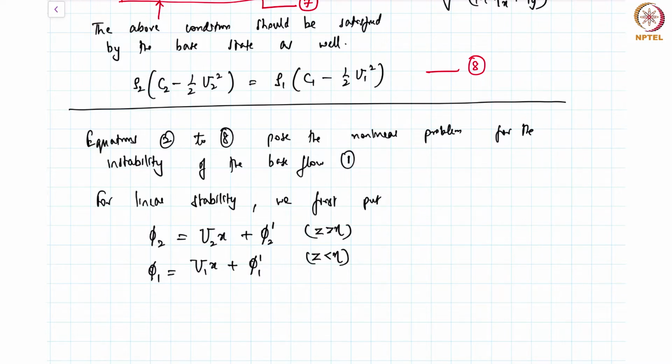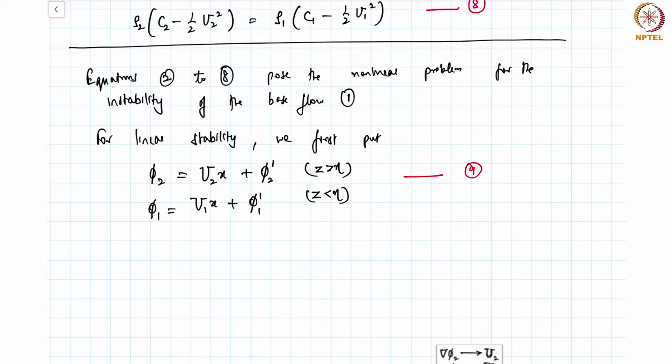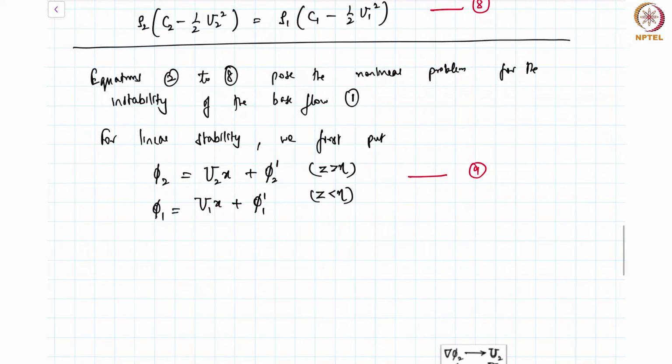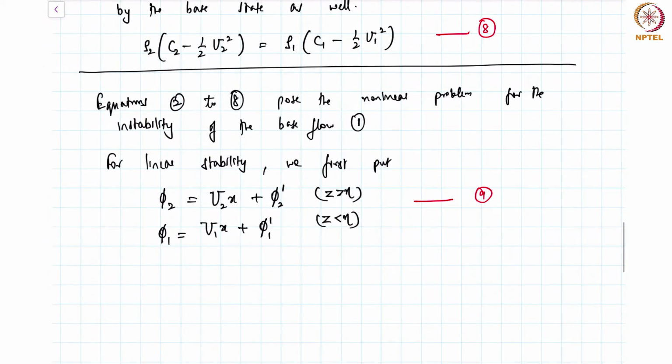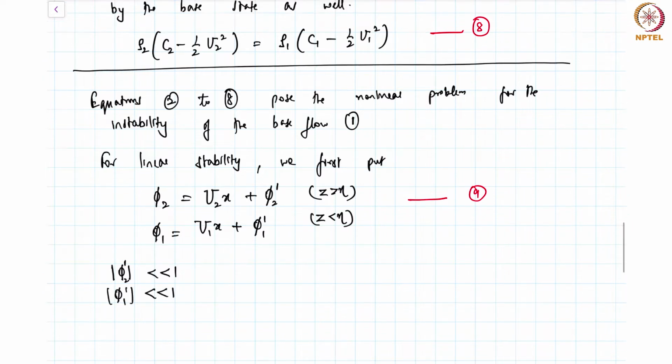We'll label it as 9, just continuing the numbering from where I left off. And we also want to say that this is linear. Linear meaning the magnitude of these perturbation quantities, that is phi2 prime, is much less than 1, and phi1 prime, this magnitude is much smaller than 1. So what does it mean?